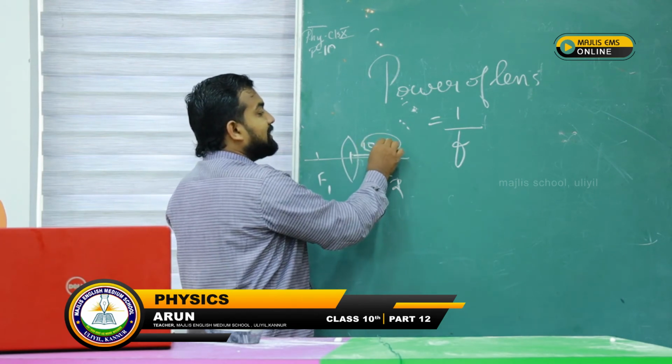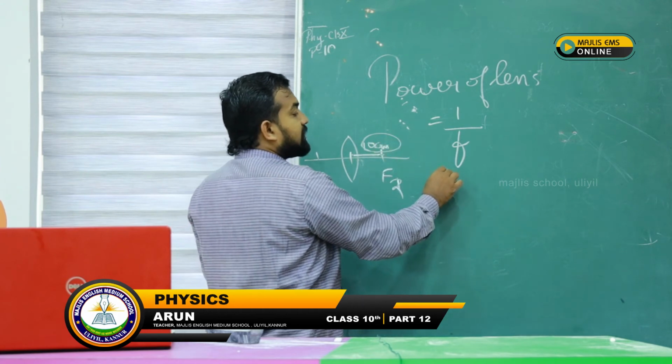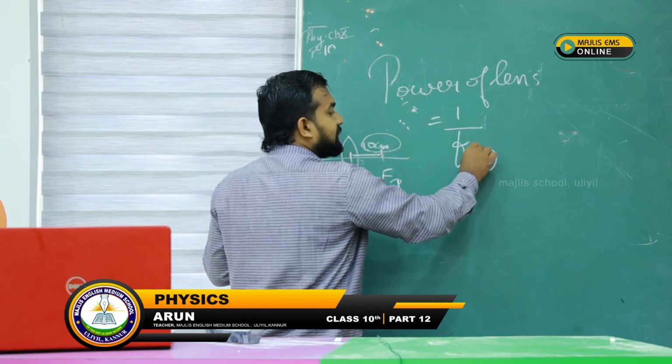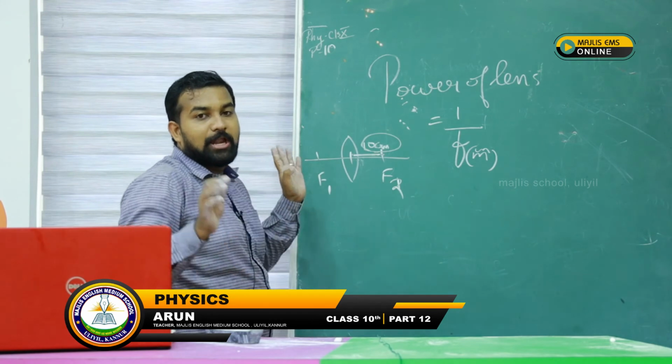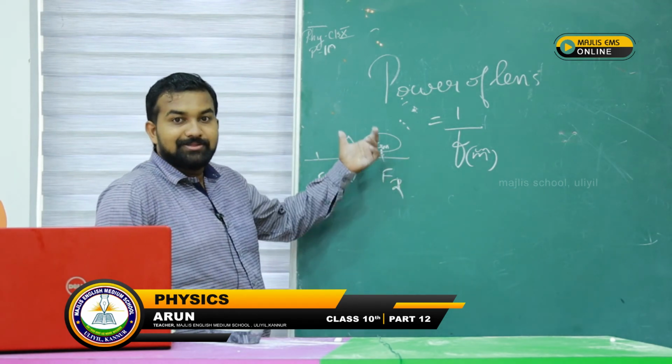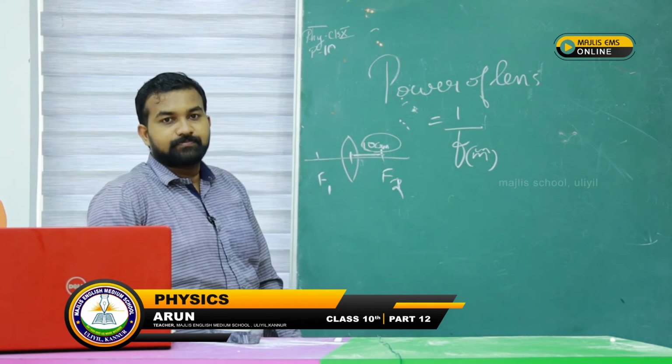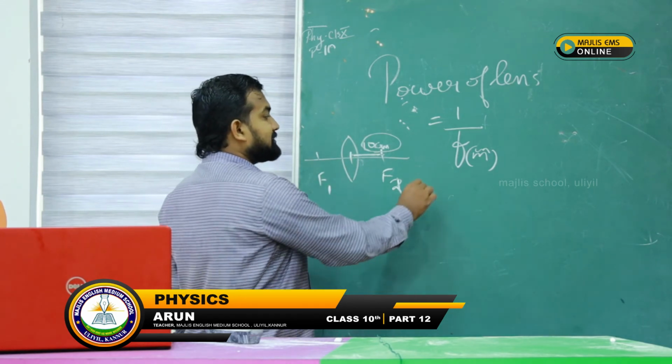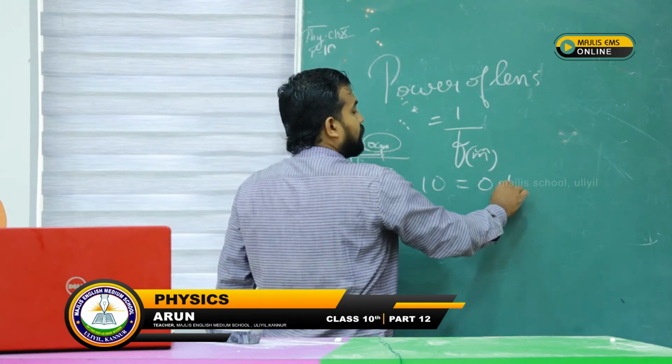if it is in 10 centimeter, first you convert it into meter. For calculating power, always convert the focal length into meters. So 10 centimeter means it is 0.1 meter.